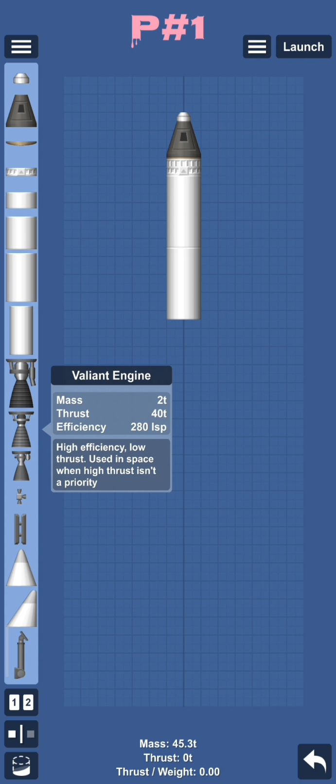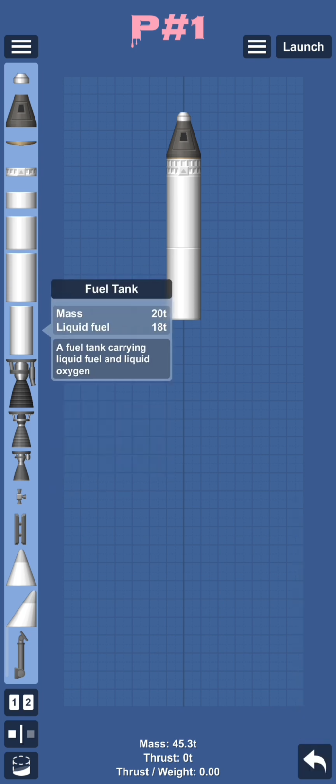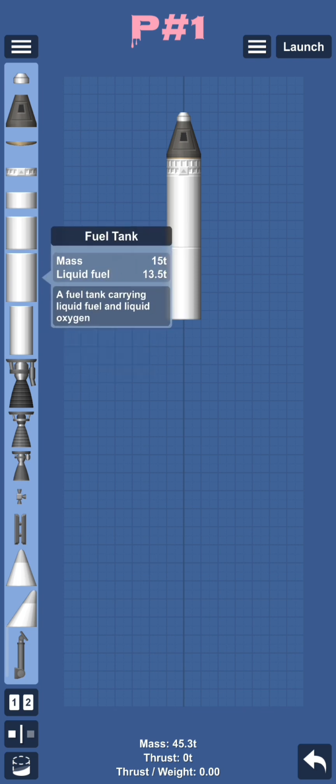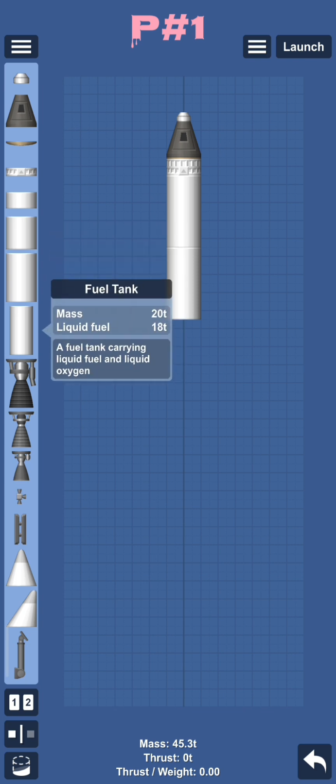This is the Valiant engine, high efficiency, low thrust, used in space when high thrust isn't a priority. These are parameters of fuel tanks.